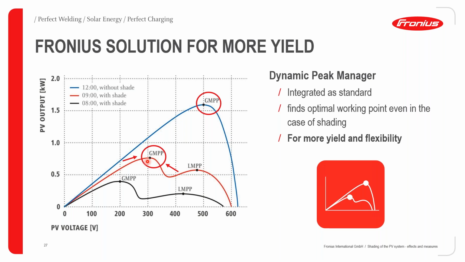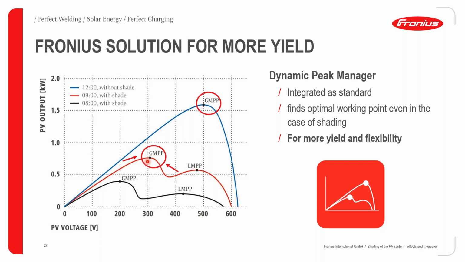So with the dynamic peak manager as a feature in the FRONIUS inverters, this will guarantee you more yield and more flexibility. More flexibility in the sense that you do not have to worry about unexpected shading. As my colleague mentioned before, there are several possible causes of shading, and some of these are totally unavoidable regardless of how good your design initially was.